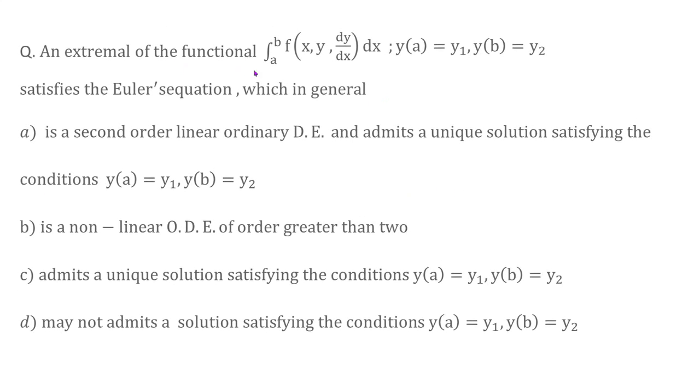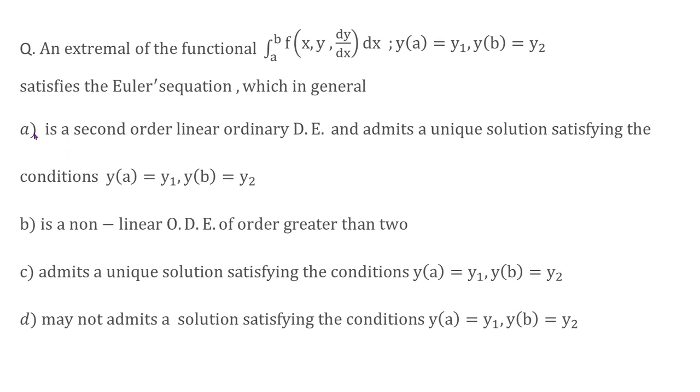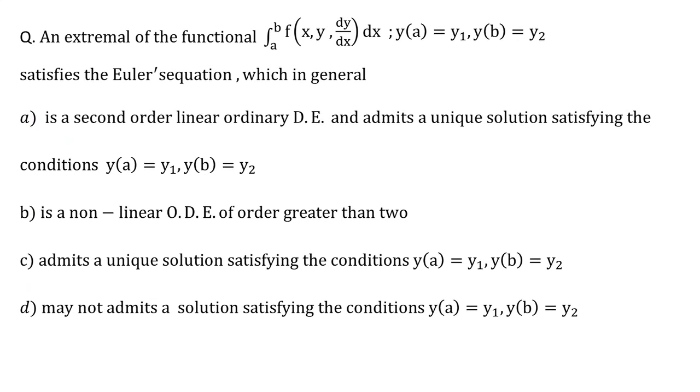Let us have the next question, that is an extremal of the functional satisfies the Euler equation, which in general. These are the four choices given. We know that if the functional involves the first order derivative, then by solving the Euler equation we arrive at a second order linear ordinary differential equation.